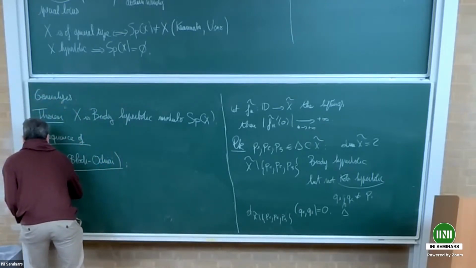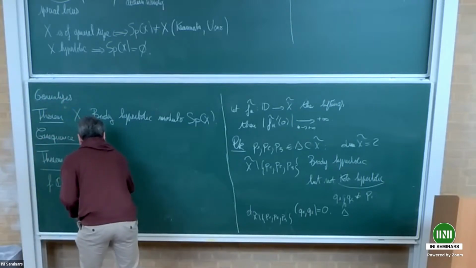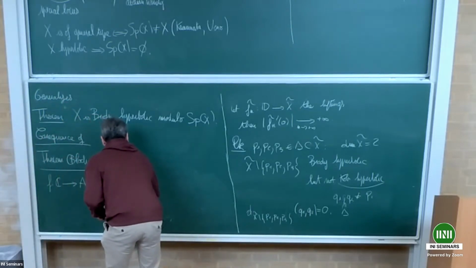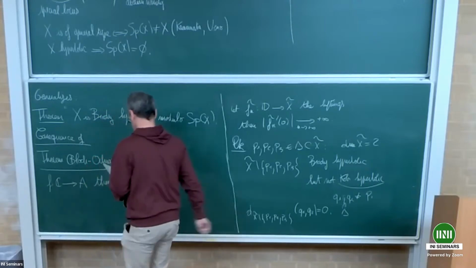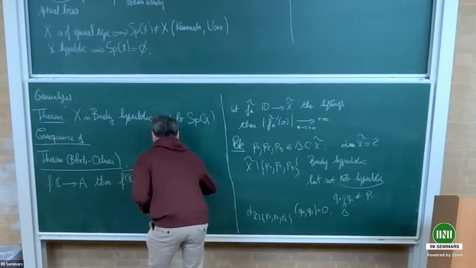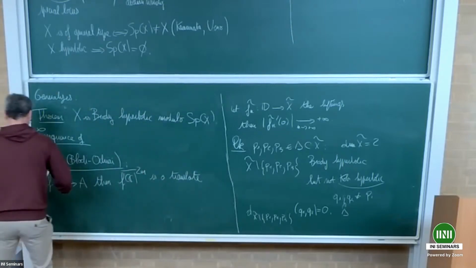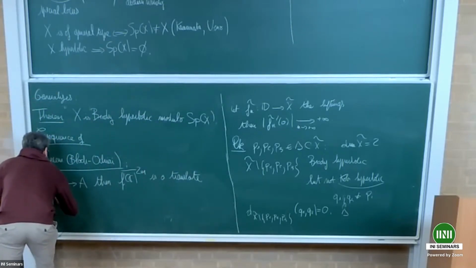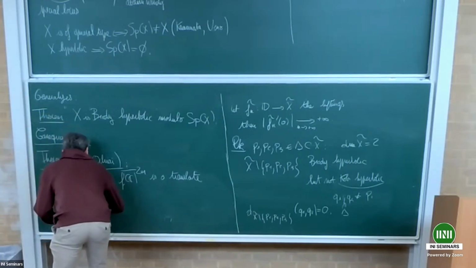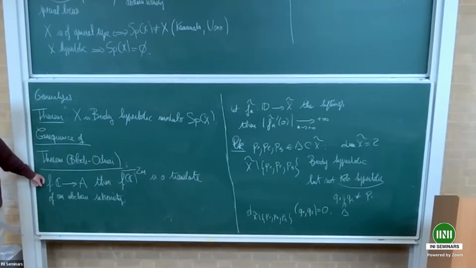If you have a holomorphic map from C to A, then the Zariski closure is a translate of an Abelian subvariety. Okay? It's clear that this statement implies this.